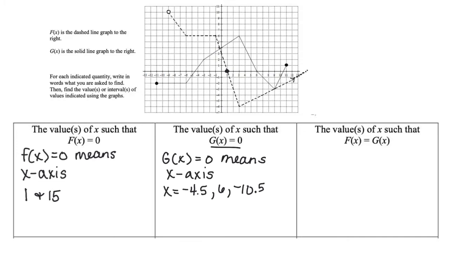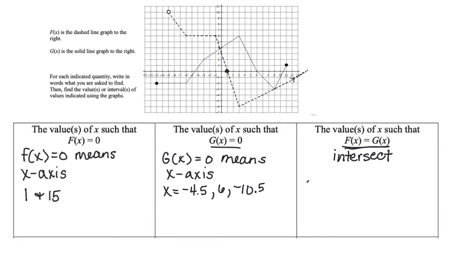Right? And then where do we have values where f of x equals g of x? So that means they intersect. Very important for us to know these things. Let's look at our graph and see where those intersect.